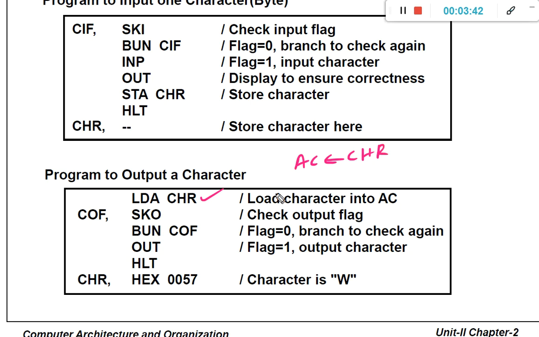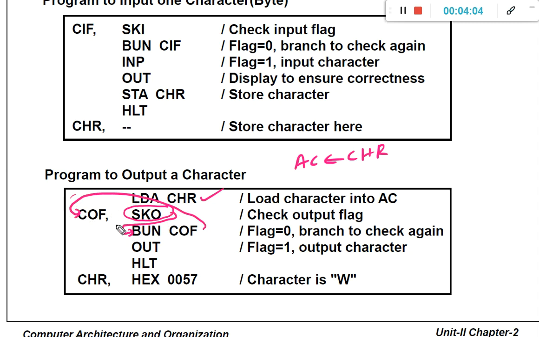Next here we are going to define the COF label and check the output flag. If the output flag is 0, branch unconditionally to COF and check once again.